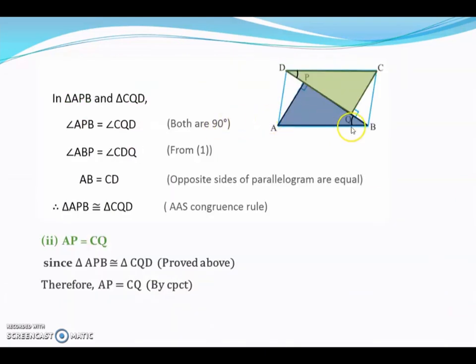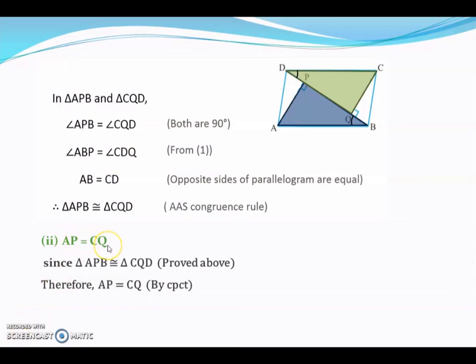Also AB and CD are equal because they are opposite sides of a parallelogram, and these two angles are 90 degrees each. This angle P and CQD, they both are 90. So two angles and one side. So I can say by AAS, the triangles APB and CQD are congruent.